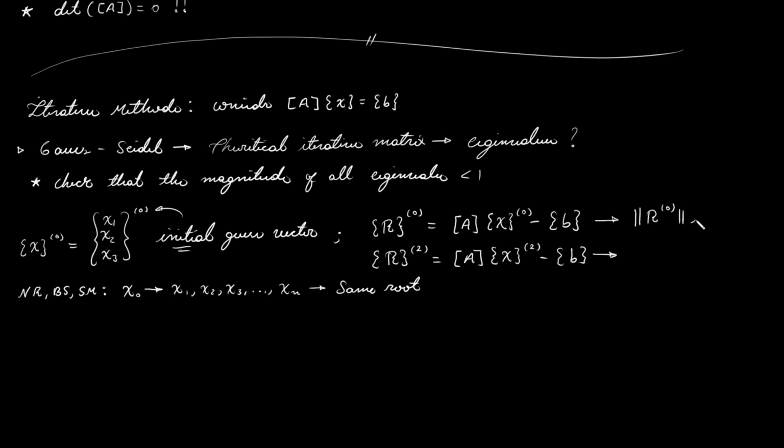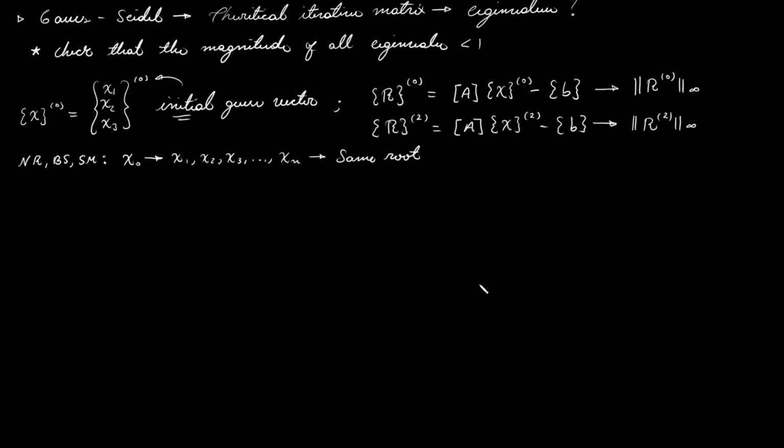So I can ask you for the norm infinity of the initial residual, or the norm infinity of the residual vector at the second iteration. That's most likely what you will be asked, because we're interested in the value with the largest magnitude in your vectors. If the largest value is going towards 0, then the whole vector is going towards 0 as the iteration increases. That's kind of the whole idea.